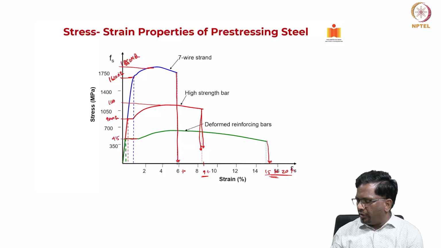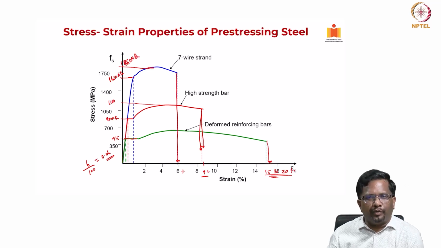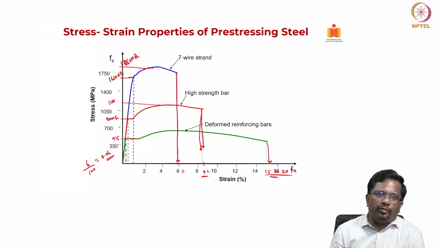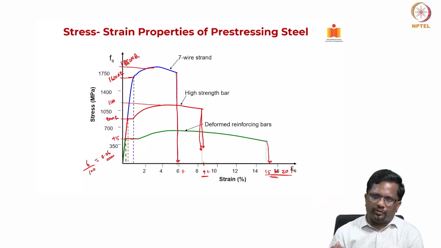Now, when you say why strain in percentage, the actual strain will be 6 by 100 for this, which is going to be 0.06. But for rebar, if you look at it, the strain will be 0.2, 0.18 like that. So, that is the strain at which it is going to rupture, right. So, for our design, typically we take the yield strain. So, this as my yield strain, right.